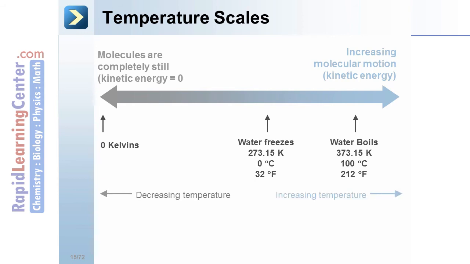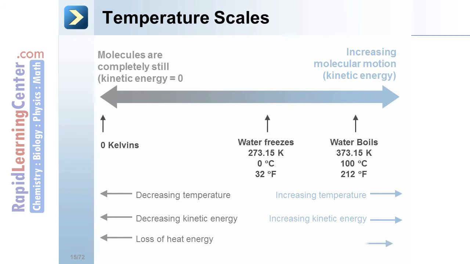On the far left, we have decreasing temperature, to the far right, increasing temperature. To the left, we have less kinetic energy, and to the right, we have more kinetic energy. To the left, we have a loss or less heat energy, and to the right, we have more or a gain of heat energy.